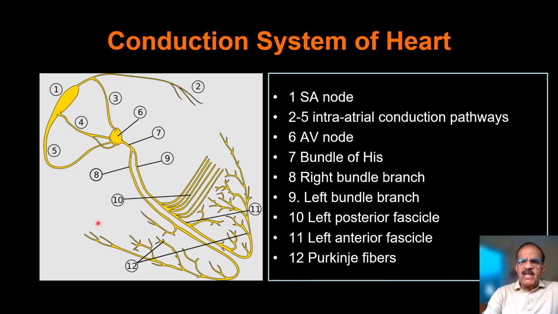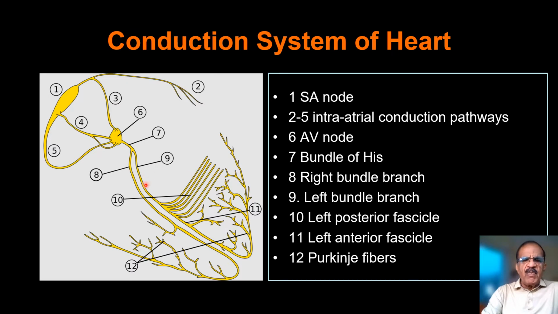Although the right ventricle will get depolarized, it will be after slight delay because the electrical depolarization is spreading from the left ventricle to the right ventricle, not through the specialized conduction system, but just through the normal muscle fibers. So the conduction time will be delayed and depolarization time will be delayed and QRS complex will be wide.